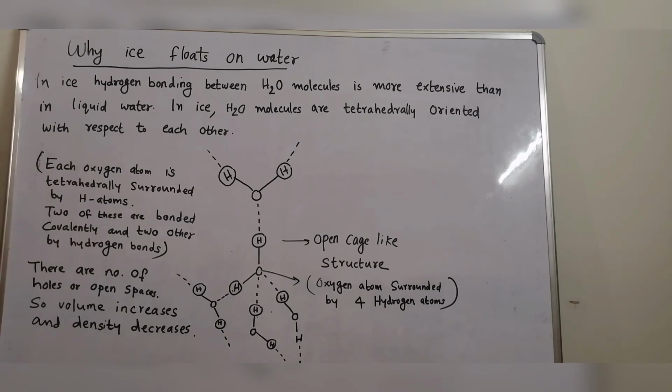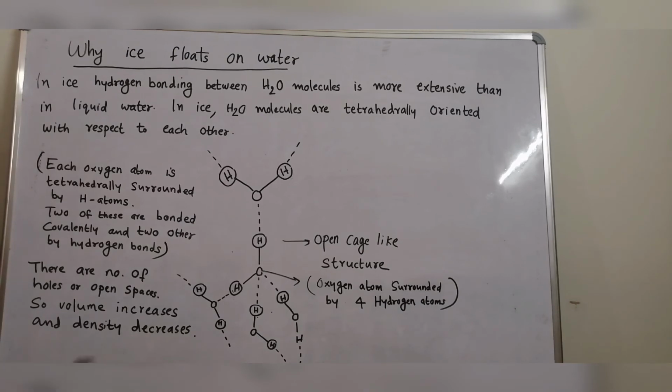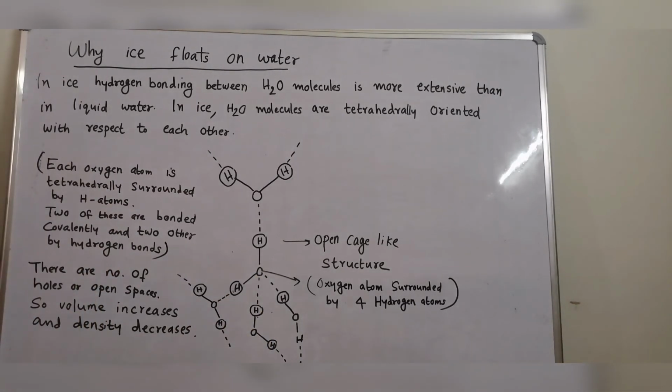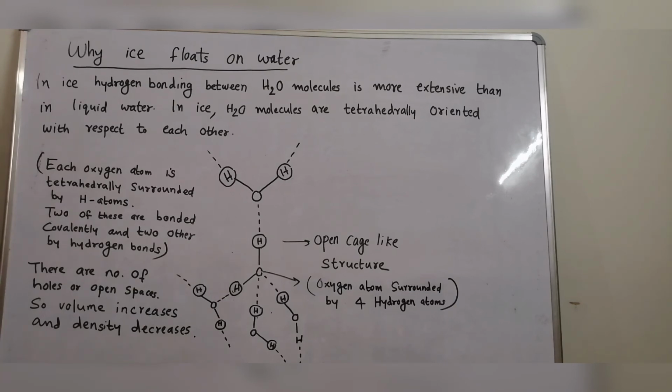So in ice, water molecules are tetrahedrally oriented with respect to each other. Here, the oxygen atom is tetrahedrally surrounded by 4 hydrogen atoms. And this gives rise to an open cage-like structure. There are a number of holes or open spaces, so volume increases. As volume increases, density decreases.